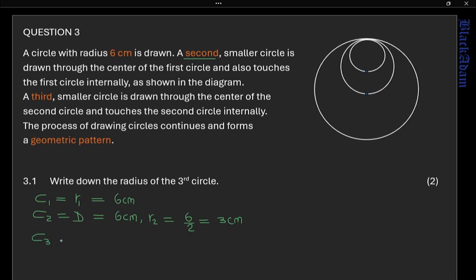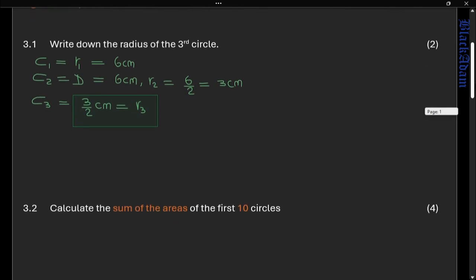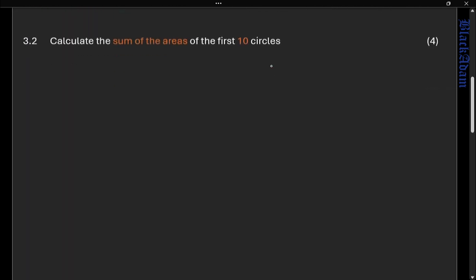Cycle 3 is going to be 3 divided by 2, so that's radius 3, and that's our answer, 3/2.